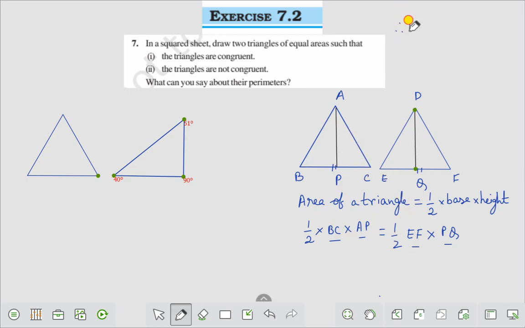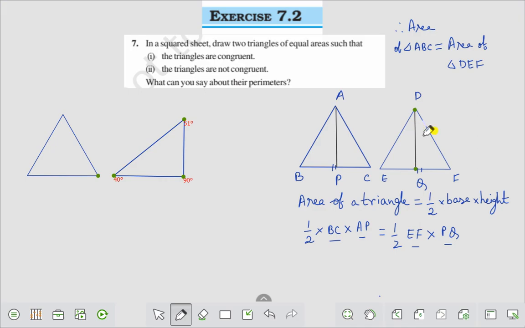Therefore, area of triangle ABC is equal to area of triangle DEF. The area is same.